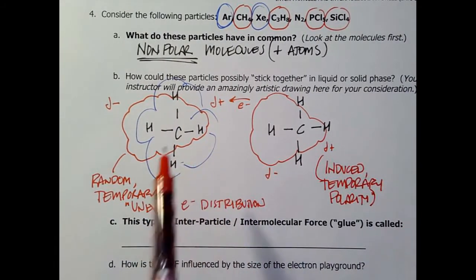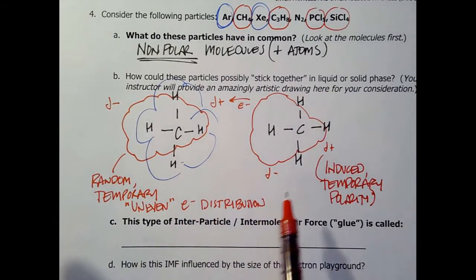Now, this happens, then it goes back, and everybody goes back to the way they were. But if it happens a billion times a second between billions and billions of molecules, you have this sticking, unsticking, sticking, unsticking, and that's what's holding them together. It's not as permanent as a hydrogen bond or a dipole-dipole, but it's flickering on and off so fast between so many molecules that the whole mass of them sticks together.